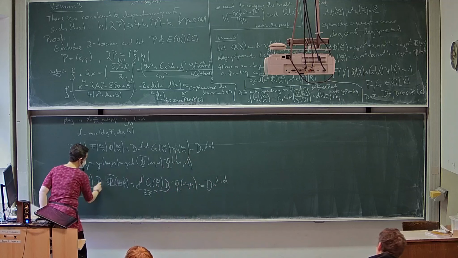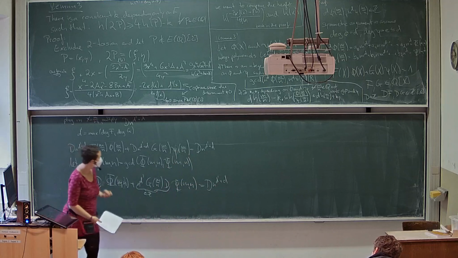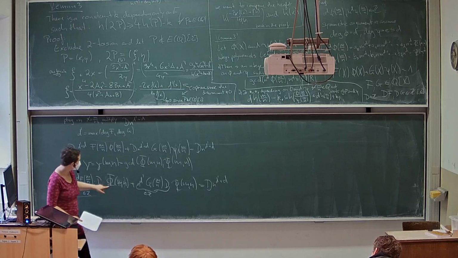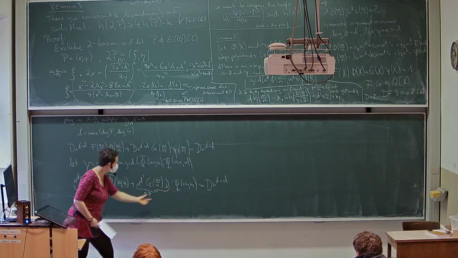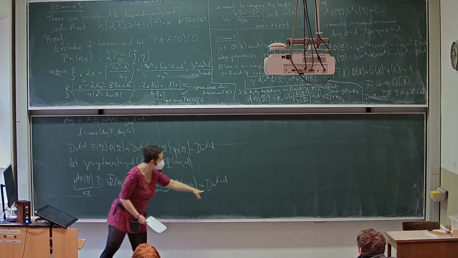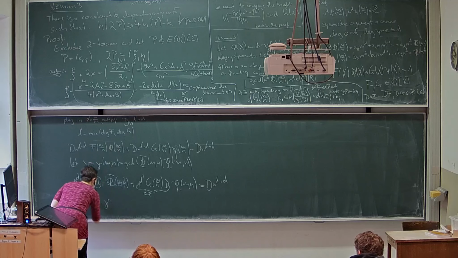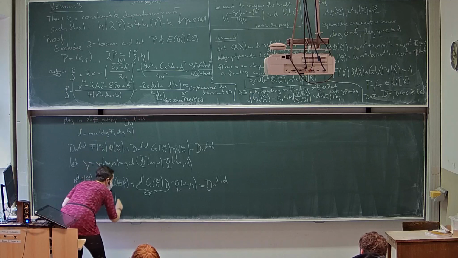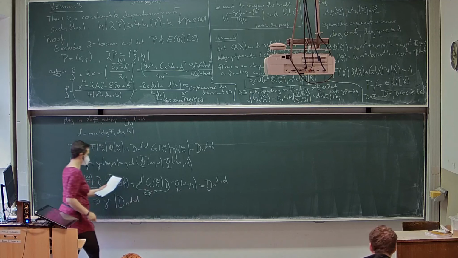Because d was an integer, so this is also an integer. So now, the greatest common divisor of capital phi and capital psi, since these are integers, has to divide this. So we call it gamma. Gamma has to divide d n to the d prime plus d.